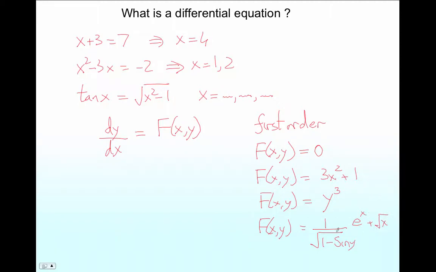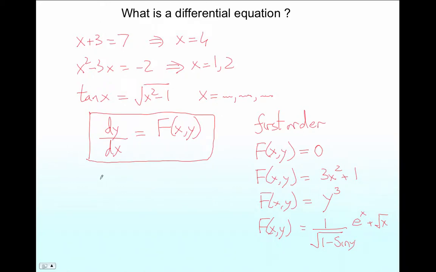Now, this sort of a given function f will probably result in an equation that you cannot solve. In fact, most differential equations, even first-order differential equations of this kind, cannot be solved in general, but there are a lot of equations that we will be able to solve.